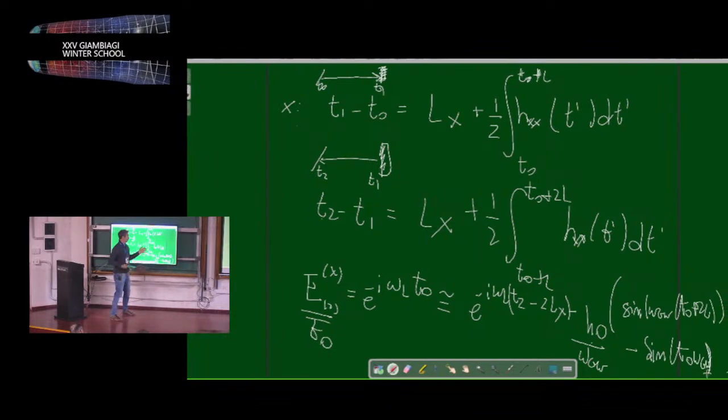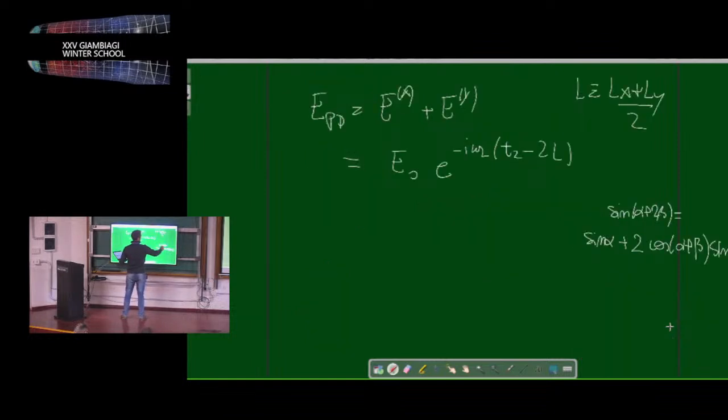Because the physical finite length is just the integral of g mu nu dx. So I just do the integral, I get 1 over omega, and then omega t plus 2L minus sine. After I use that identity, you see, I trade this for something which is omega t plus omega 2L.